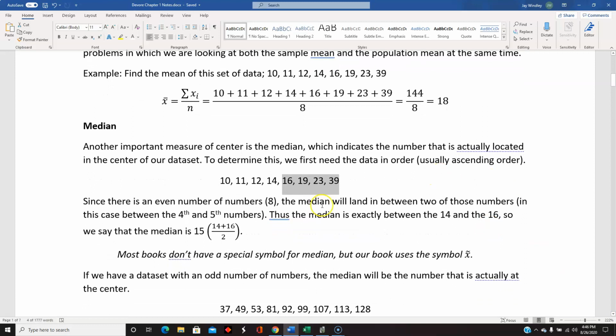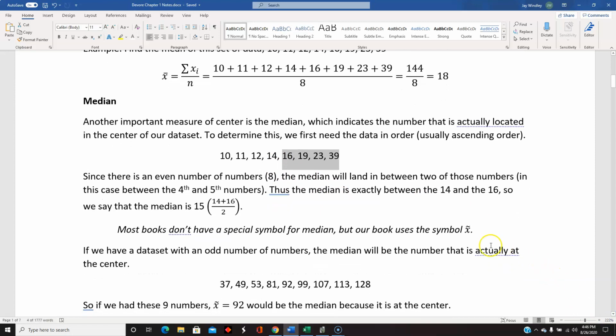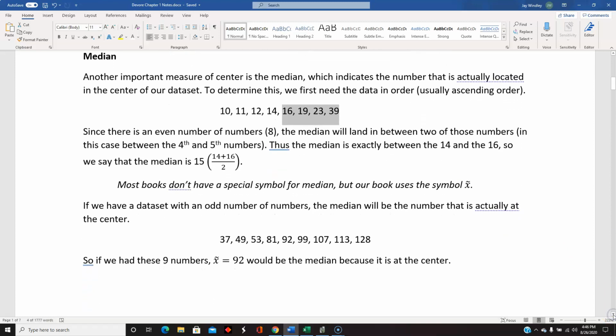If the numbers were a little bit trickier, the way you figure out that 15 is exactly in between those is to add them together and divide by 2. Our book has a special symbol for median, which looks like x tilde. If we have a data set with an odd number of numbers, then the median is actually one of those numbers.